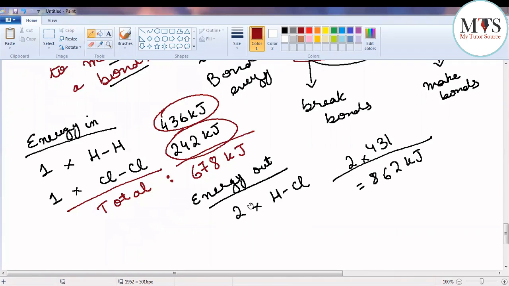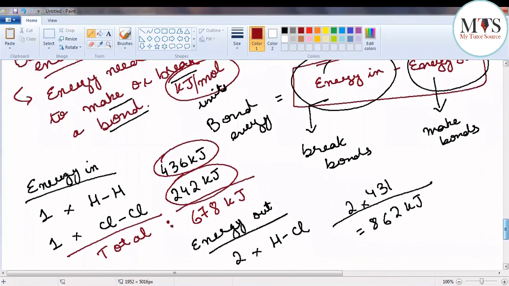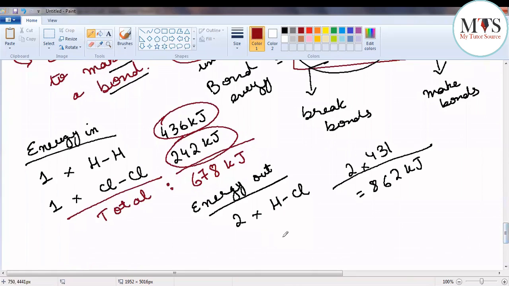So what is your total bond energy in that case? Energy in minus energy out. Apply the formula. So energy in is 678, and then energy out is 862.